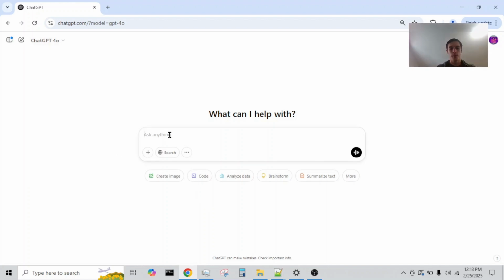Let's see though. We want to build out a crypto trading bot and need your help. First, what model ChatGPT should we use?